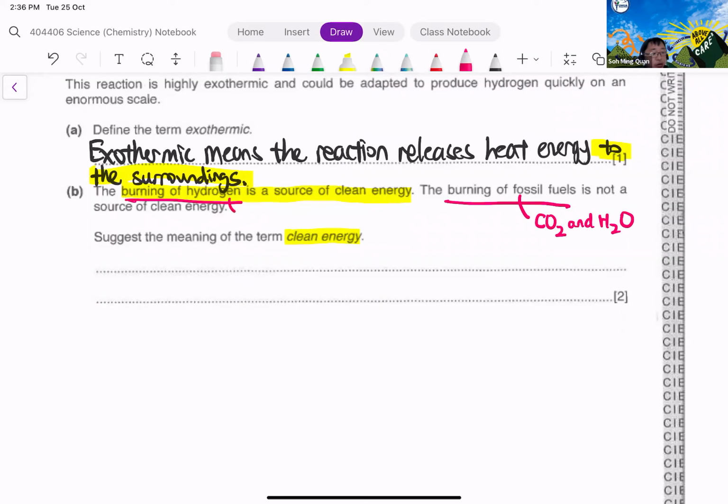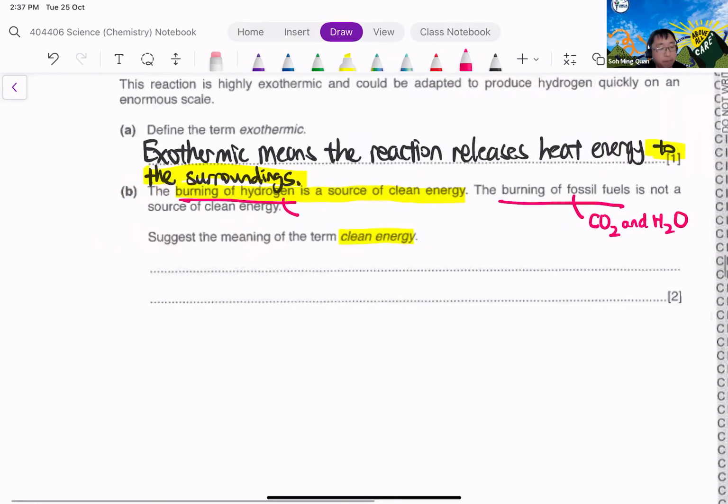Whereas burning hydrogen gives you what? So this one you never learned before, right? But you can predict, right? Burning means hydrogen reacts with oxygen. That's the meaning of burning. So it forms water. So the only product is water.